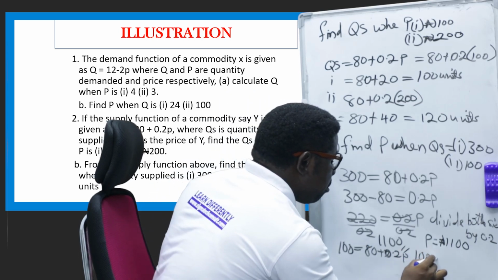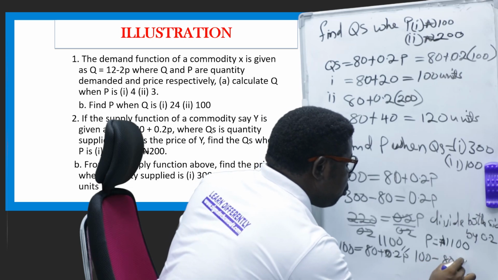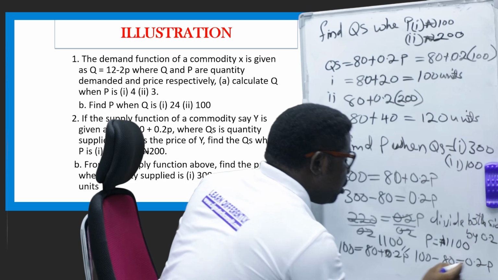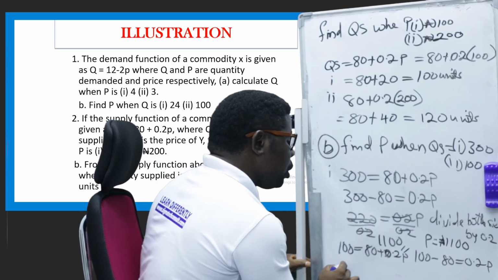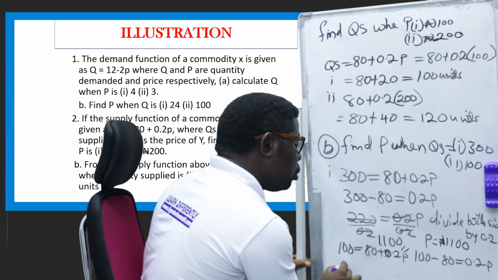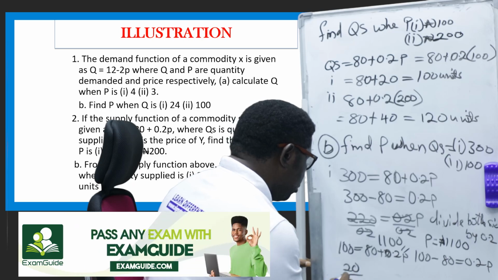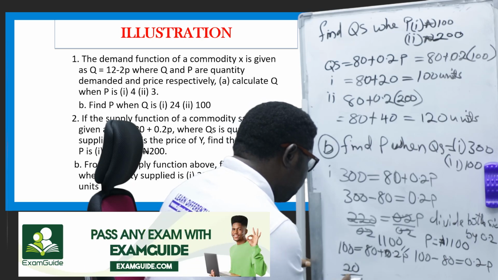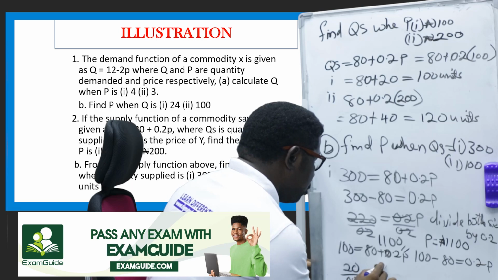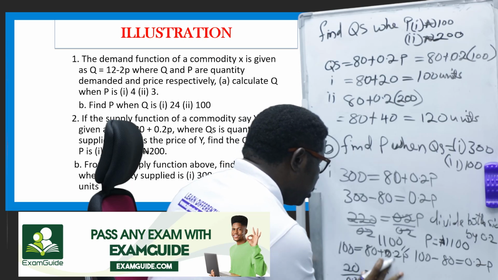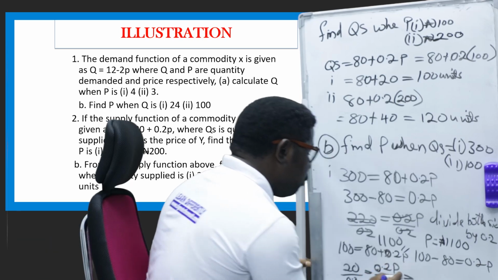We have 100 minus 80 is equal to 0.2 P. Divide both sides by 0.2. You have your answer to be what? 20 over 0.2 is equal to 0.2 P over 0.2.